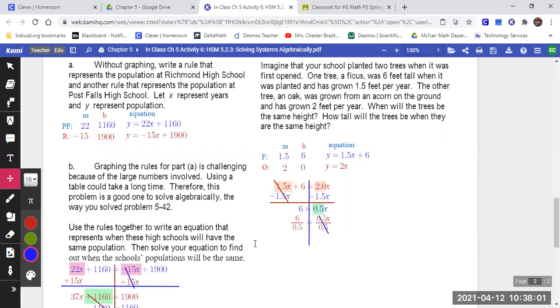So this is going to say x equals, use your calculator. X equals what? What's 6 divided by 0.5? Use the calculator. 12 what? What did the x stand for?